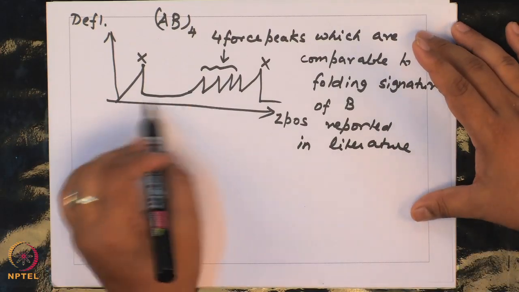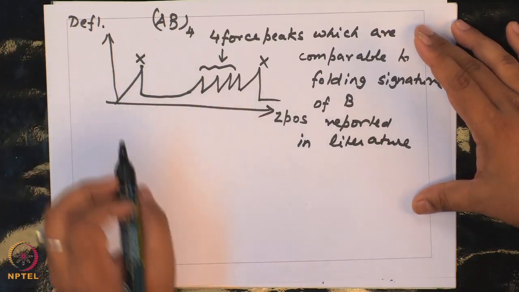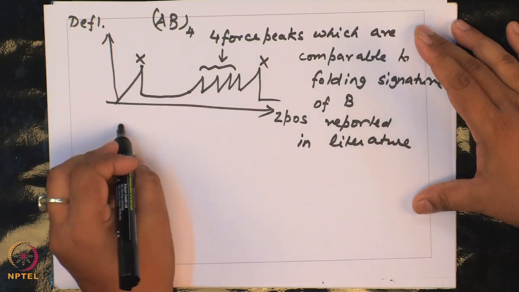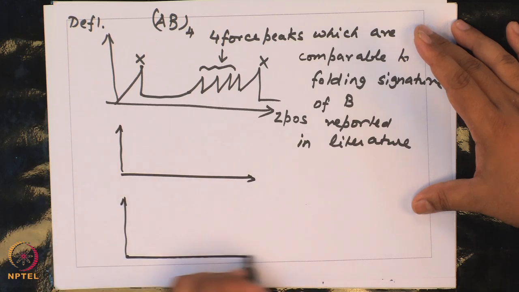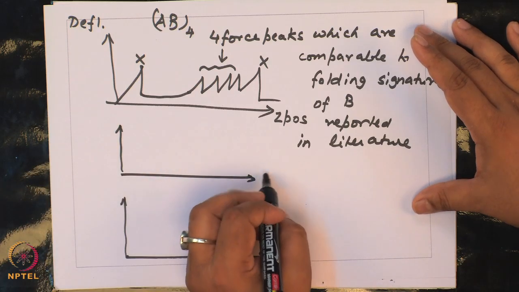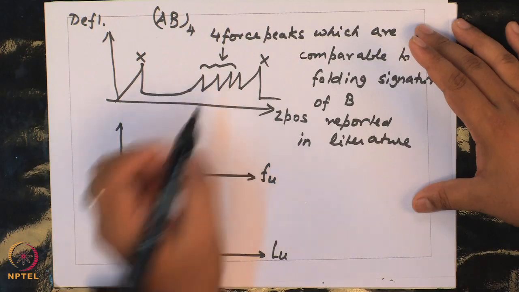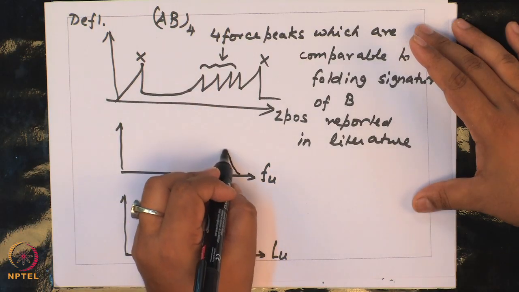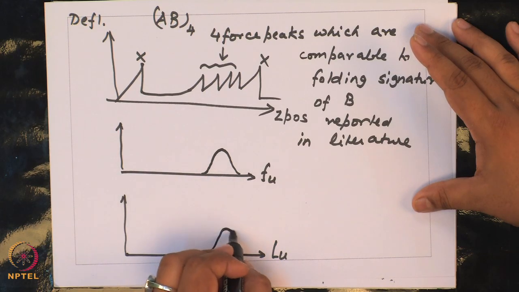And you have this long gap. So, for each of these forces, what I can plot is the histogram corresponding to the unfolding force F_u and L_u. So, for these peaks, let us say I get a certain force peak and a certain length peak.